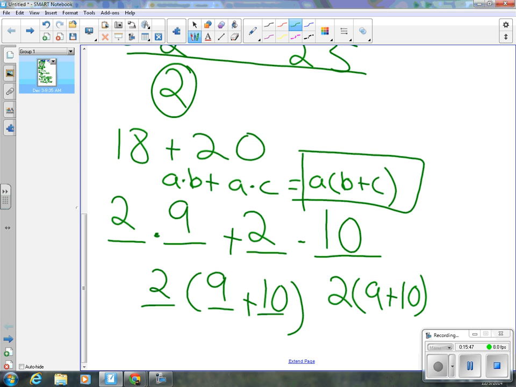Okay? Yes? No, this is it. This is your answer. This is what you need to write on your line on the worksheet. Once you've done that, you're done. That's it.